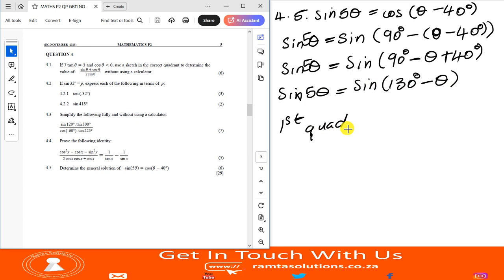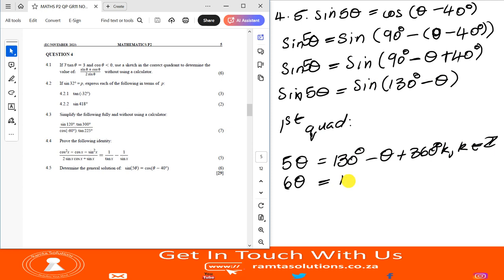In the first quadrant, 5 theta is equal to what we termed our reference angle, which is 130 degrees minus theta plus 360 degrees k, where k is an element of an integer. So this means 6 theta is equal to 130. This 6 theta is coming from the fact that the theta went to the other side. So it was 5 theta plus theta, which is 6 theta, plus 360 degrees k.